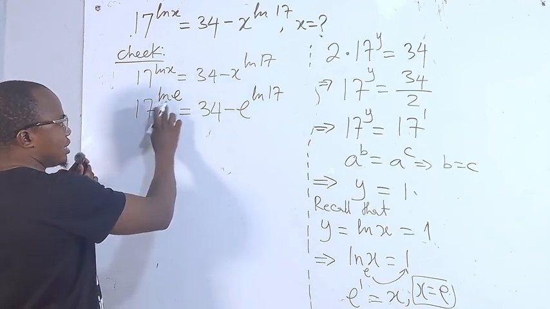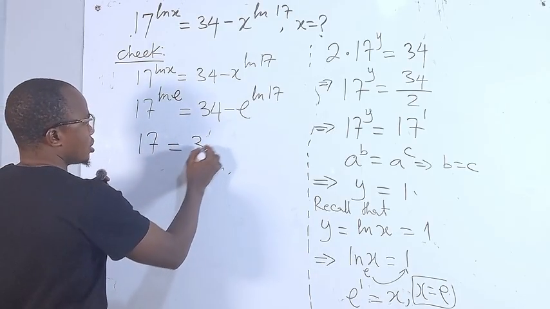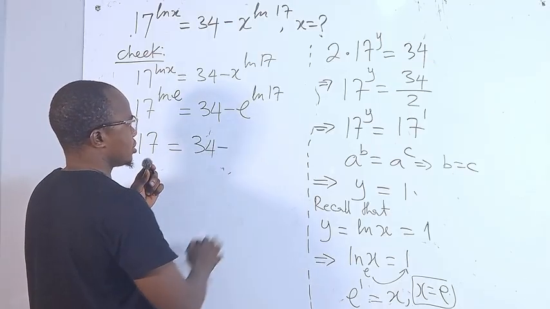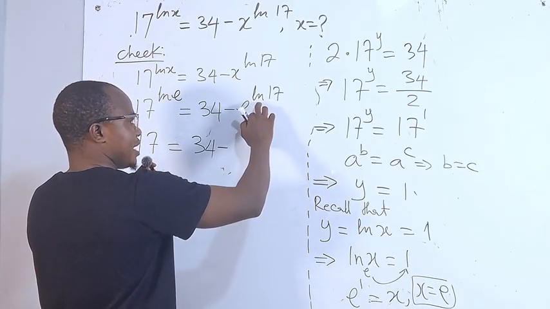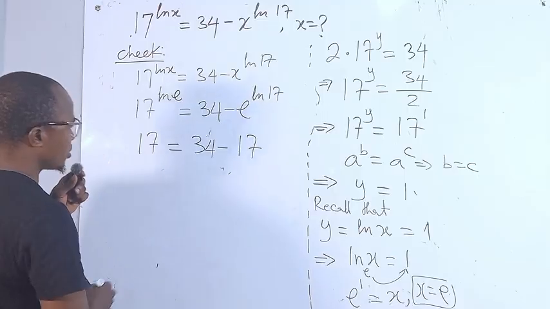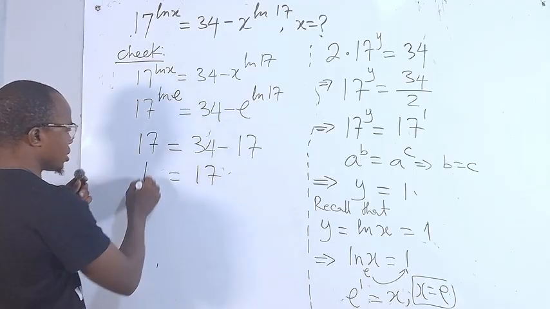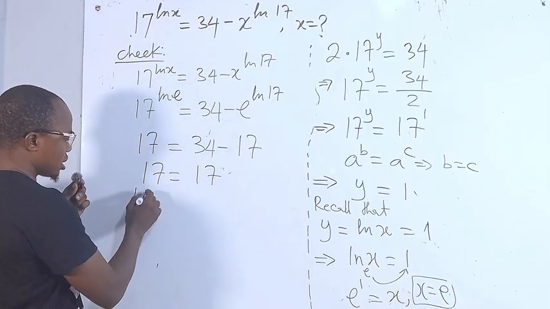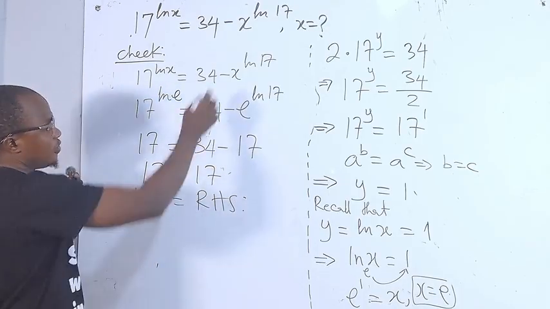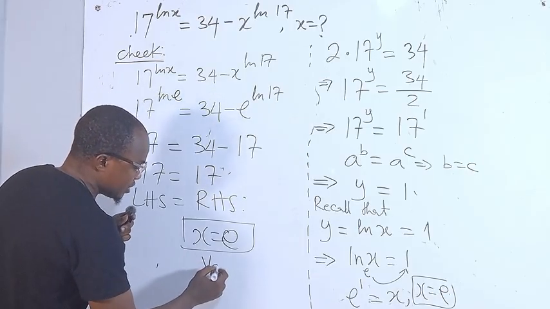So ln e will be 1, so we have 17 equals 34 minus, here e ln will be cancelled, then 17 will come down. So now 34 minus 17 gives us 17 equals 17. Since the LHS is equal to RHS, therefore x equals e is the valid solution.